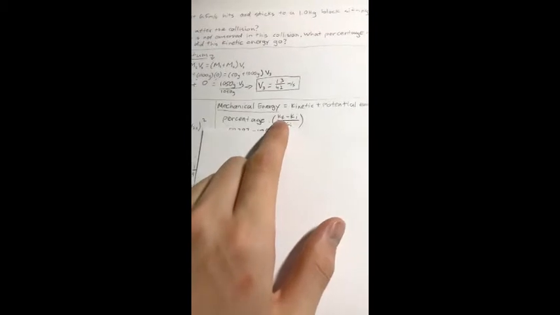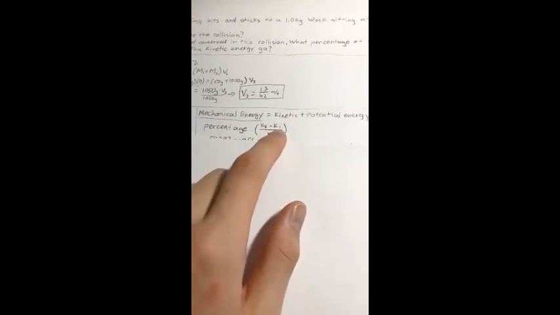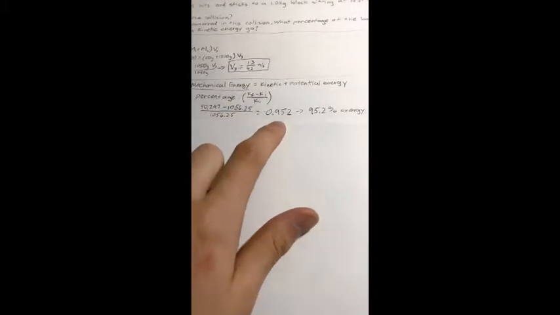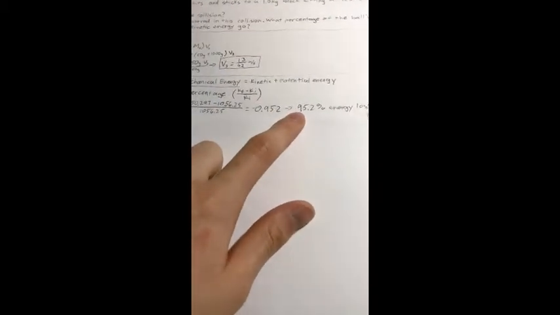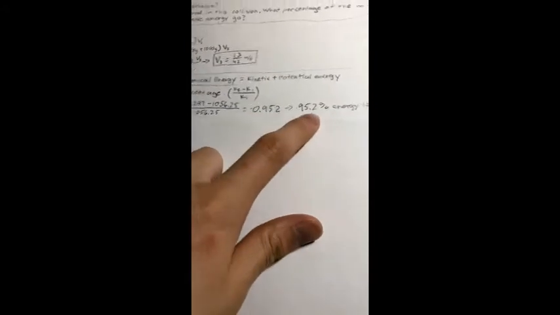For the part asking what percentage is lost, we find it through this equation: the kinetic energy, that's the final minus the initial, divided by the initial. We do that here, we divide, and we get negative 0.952, which is a 95.2% energy loss.